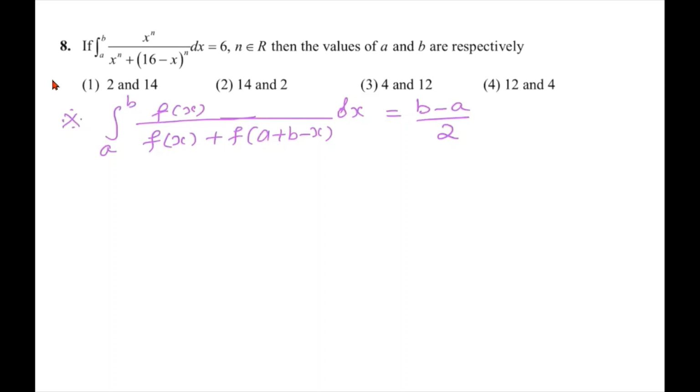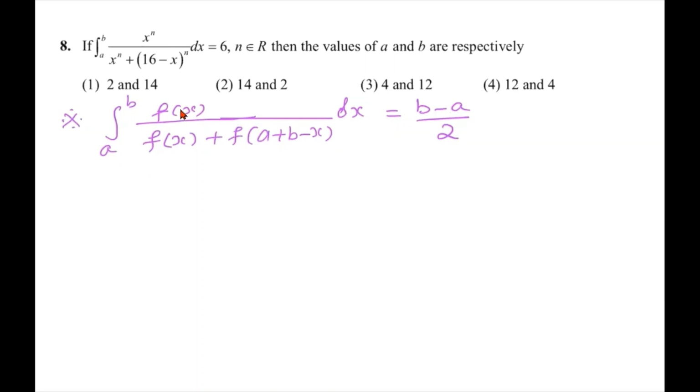Question number 8, integral a to b x power n upon x power n plus 16 minus x whole power n dx is 6. Now we need to find the values of a and b. So remember this standard result, integral a to b f of x upon f of x plus f of sum of the limits minus x is always upper limit minus lower limit upon 2.